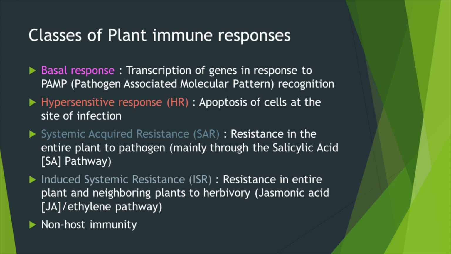And the fourth is induced systemic resistance or ISR, and it is produced mainly through the jasmonic acid pathway or the JA pathway, or it can be through ethylene. Both of them are involved in the induced systemic resistance pathway, and mainly it is active against herbivory, wherein herbivores attack the plant and destroy it. And the final one is the non-host immunity.